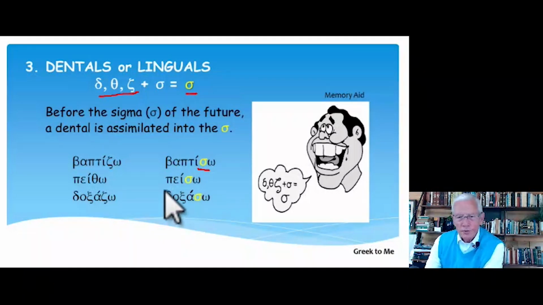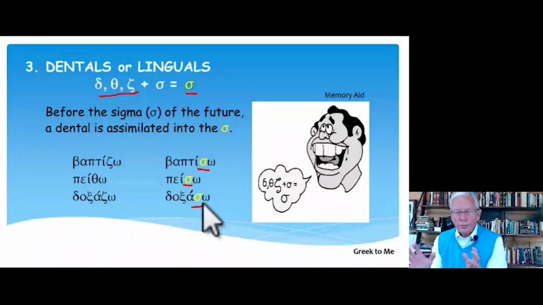Peitho, I trust or I persuade, becomes peiso. Doxazo, I glorify, becomes doxaso. So we have those three groups of consonants that, with the addition of a sigma, undergo some changes.